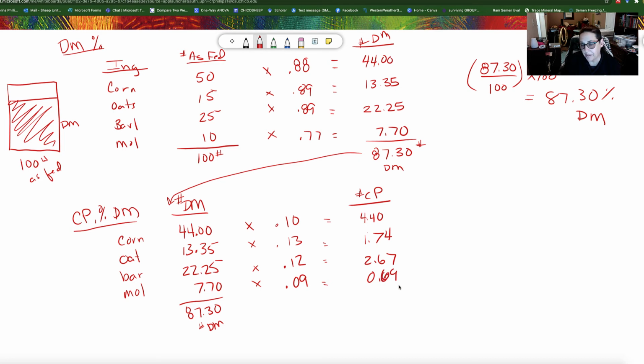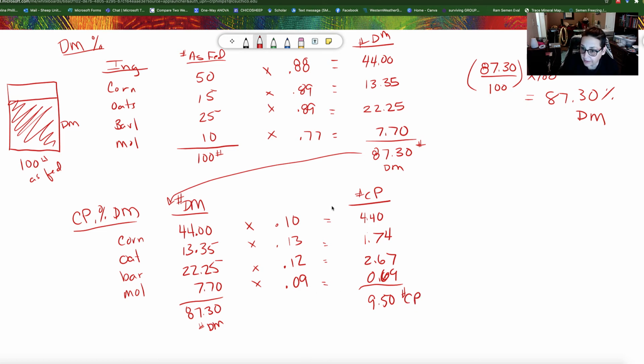All right, so we found that we've got a little over 4 pounds of protein coming from corn, about 1.75 pounds coming from oats, 2.67 from barley, and 0.69 coming from molasses. Again, we're going to add these values up, and I get 9.50 pounds of crude protein in 87 pounds of dry matter.